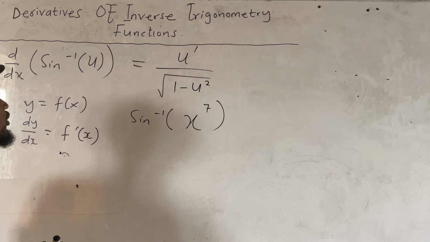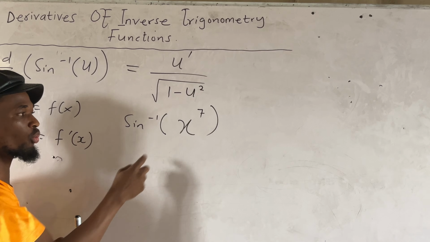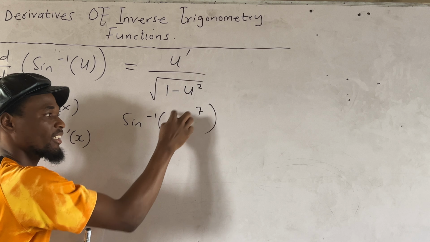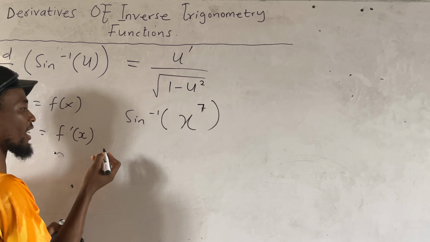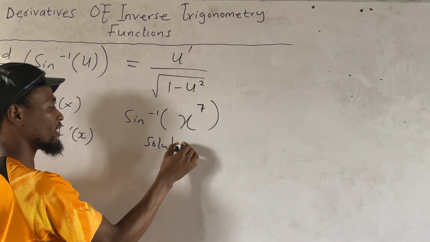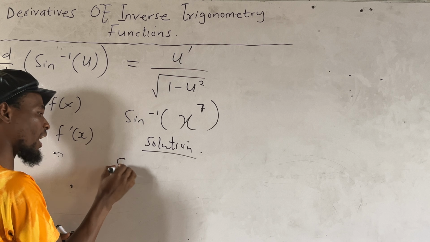Viewers, what are you supposed to do? See here, we had u, and we differentiated u to get u prime. So we have to also differentiate x to the power 7. Solution: let's see how to work this out. I have sine inverse of x to the power 7.